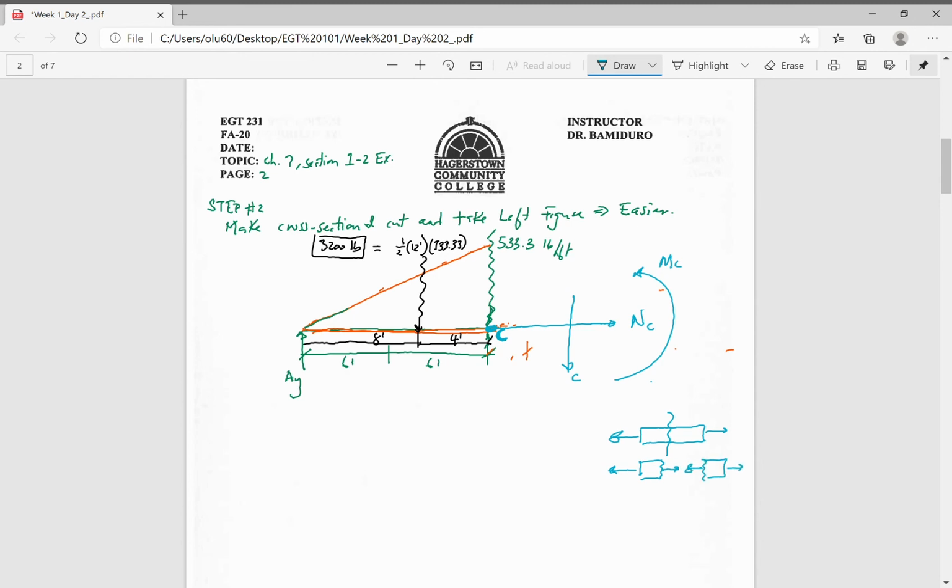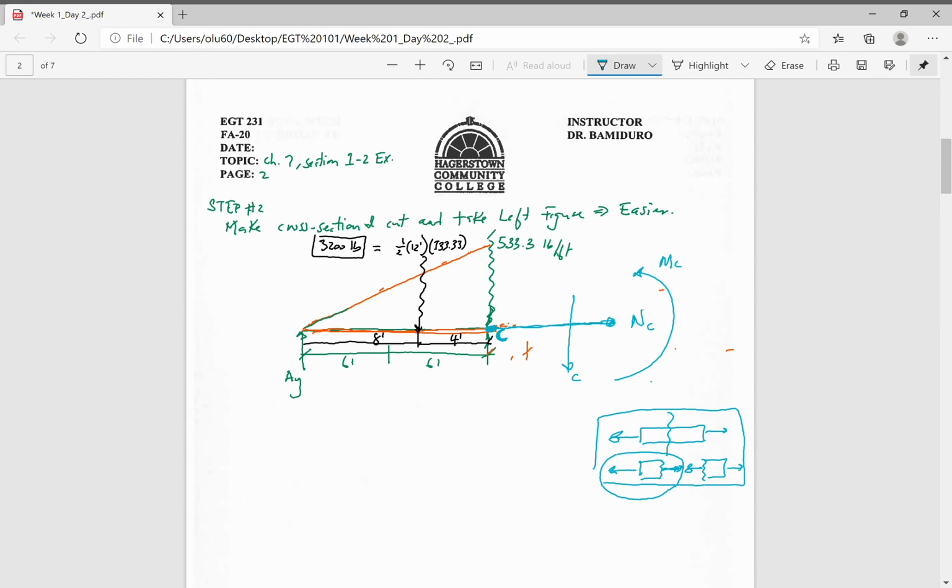Go back to the guide that I gave you in the previous lecture. This is on the left side, so I'm choosing the left side of the structure.